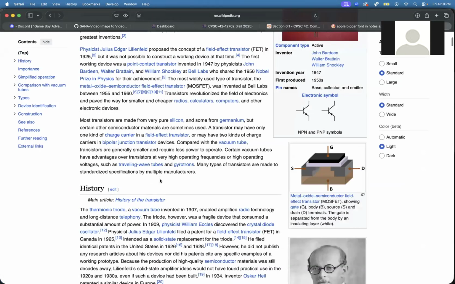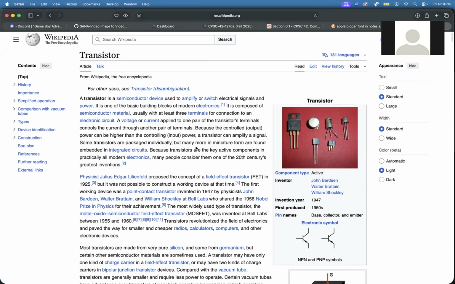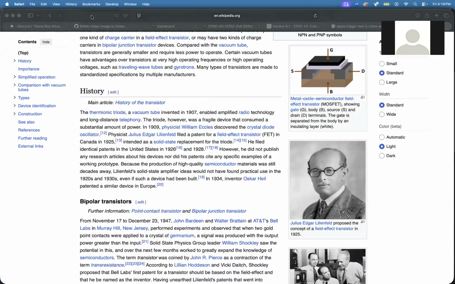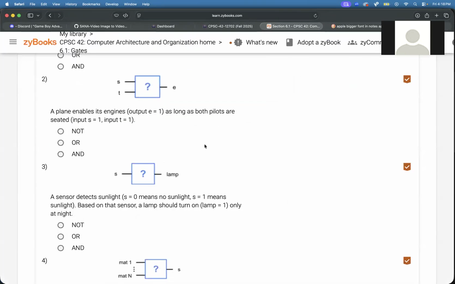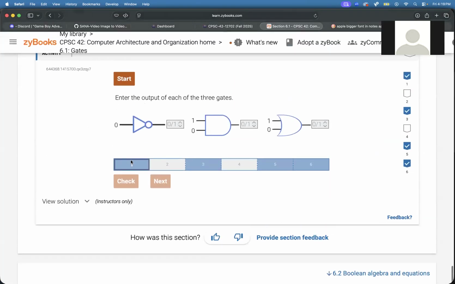You can look them up and read about them. So voltage or current applied to one pair of the transistor's terminals controls the current through another pair of terminals. Because the controlled output power can be higher than the input power, a transistor can amplify a signal, blah, blah, blah. All right. So anyway, those are transistors. So we come back to our work, and hopefully that'll make sense. I know you can just click through it, but you could also pay attention to this.